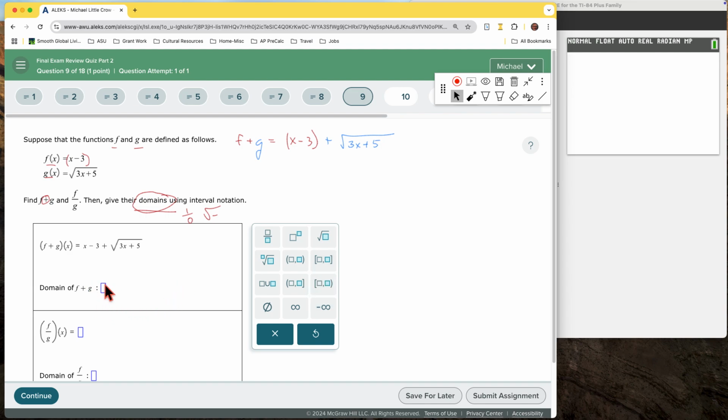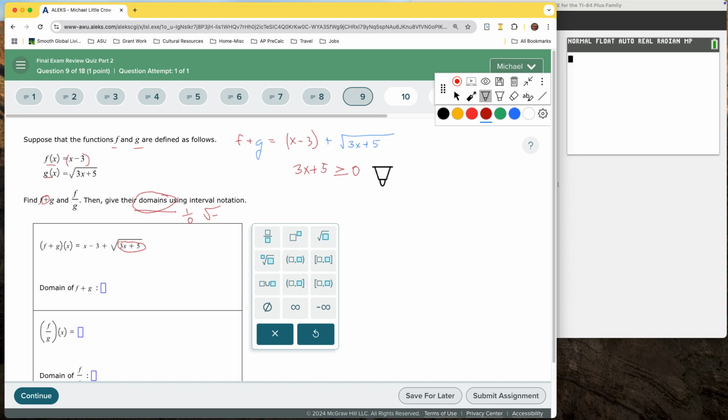Now when we go to think about the domain here, whatever's inside this function, this inside stuff, cannot be negative. It has to be non-negative. So we just take that inside stuff, 3x plus 5, and we want to make sure it's going to be greater than or equal to 0.